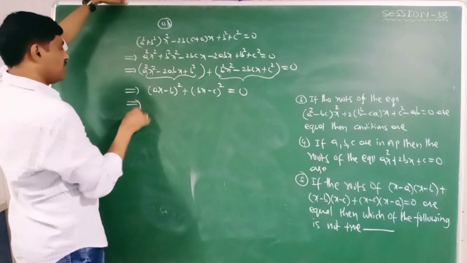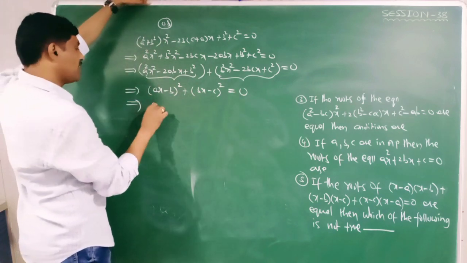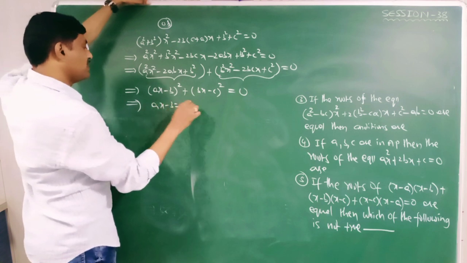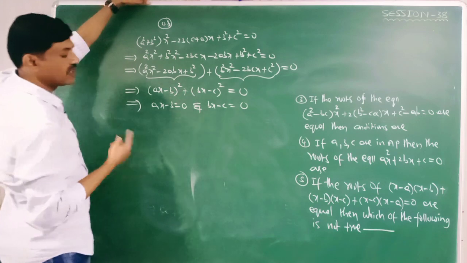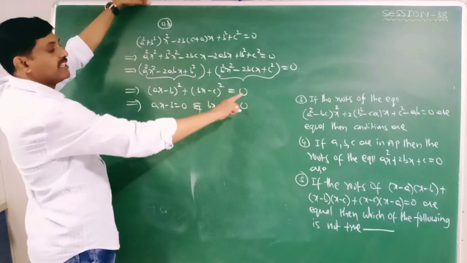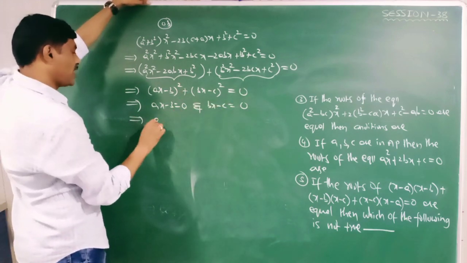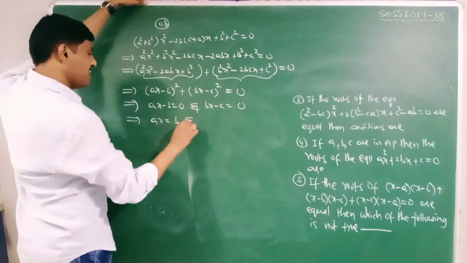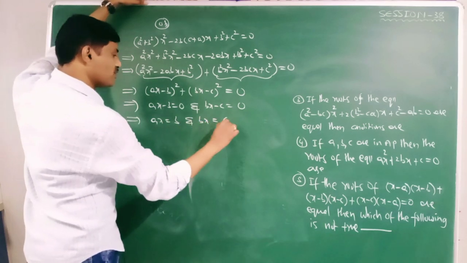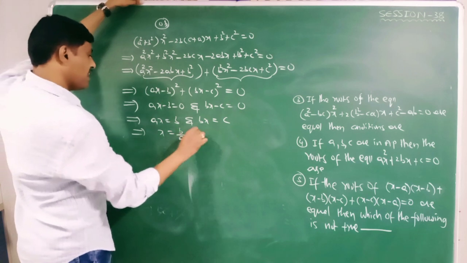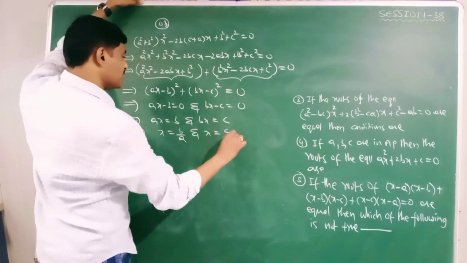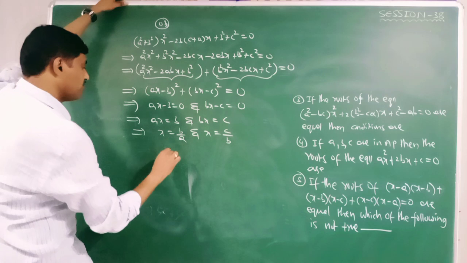That is possible only when ax − b = 0 and bx − c = 0, which implies ax = b and bx = c. From this, x = b/a, and here x = c/b. Therefore both are equal to x.